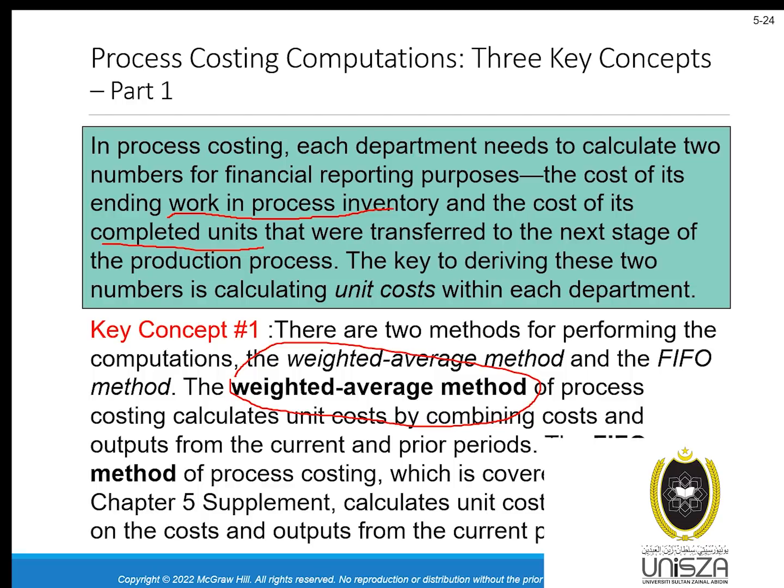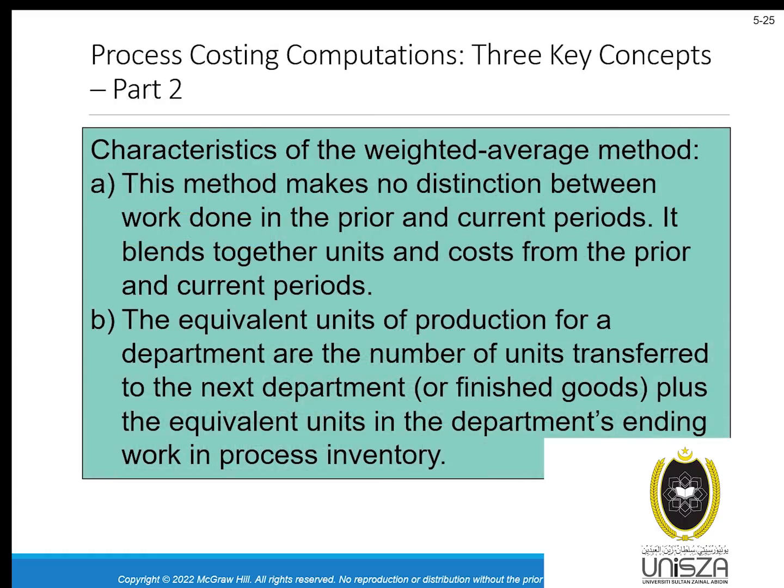So, characteristics of the weighted average method: this method makes no distinction between work done in the prior and current periods. It blends together units and costs from the prior and current periods. We just put a total of the prior and the current periods.